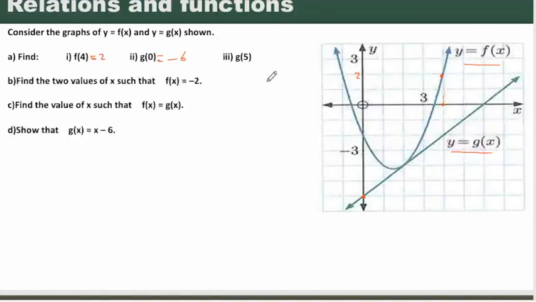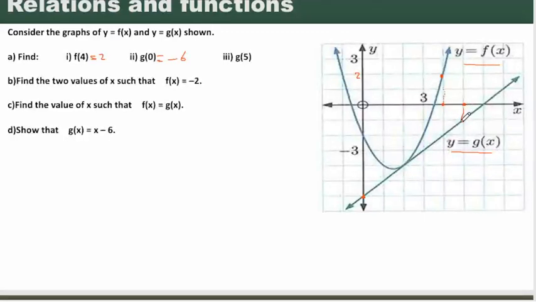And g of 5, again, on the horizontal line, I will go 5 units to the right side. 1, 2, 3, 4, 5. Then I go vertically to see where this point cuts the graph of g. It is here.